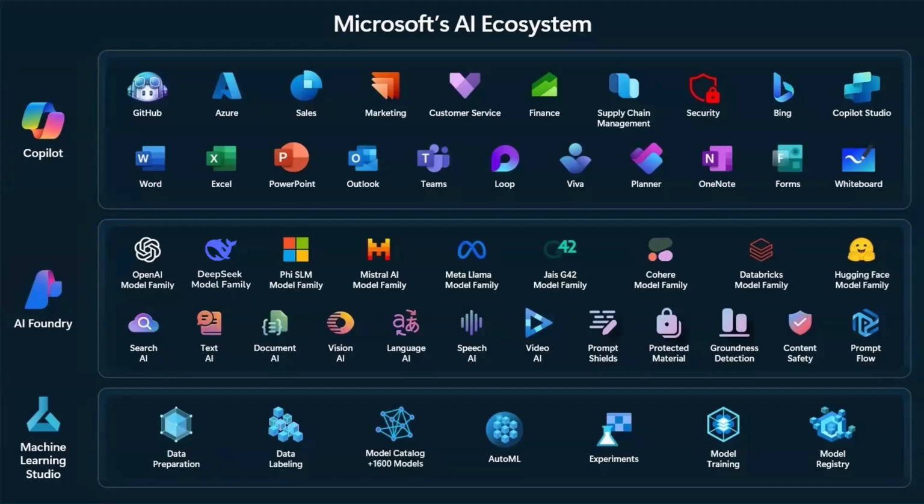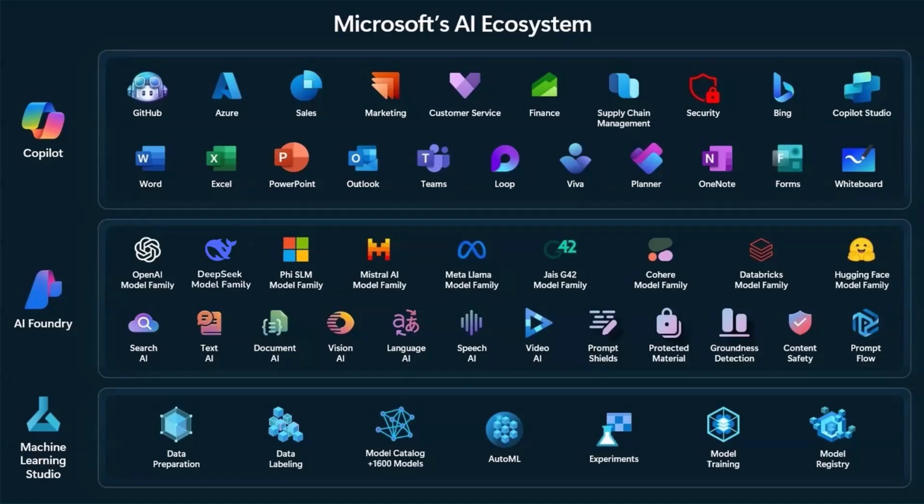They have GitHub Copilot, a Copilot for sales, marketing, customer service, finance, supply chain management, security. They have Copilot Studio, and Copilot inside Word, Excel, PowerPoint, Outlook, Teams, Loop, Viva, Planner, OneNote, Forms, Whiteboard. Everywhere they have AI-based tools, AI-based Copilot.